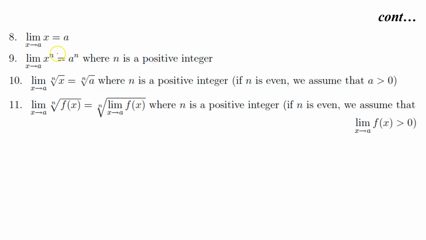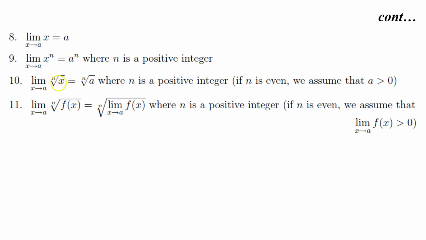And then you have number 8, when you have limit x, then it's equal to a. Okay, and when you have limit x to the power of n, you can also write it down as a to the power of n.